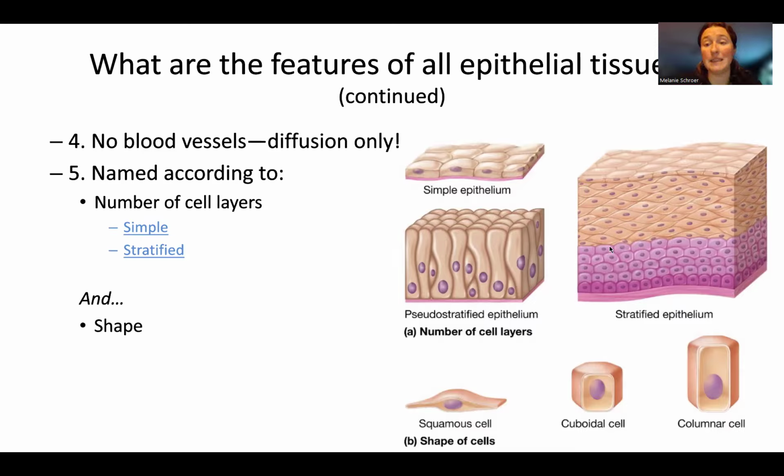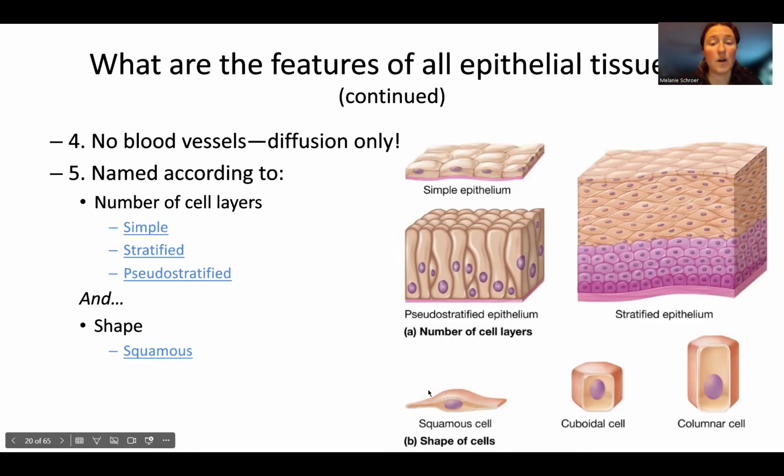Stratified has many layers of cells, or at least 2 layers of cells. And in some cases, we have pseudo-stratified, where technically all of the cells are attached to the basement membrane, but they have all sorts of different shapes and sizes, and so it kind of looks like they're stacked on top of each other.